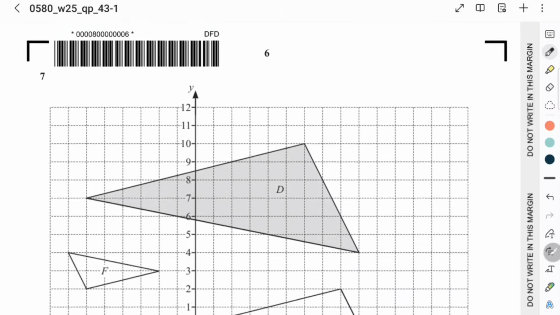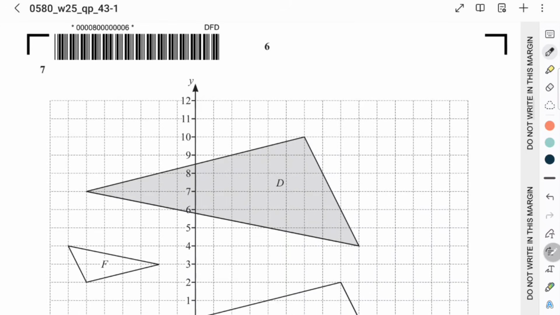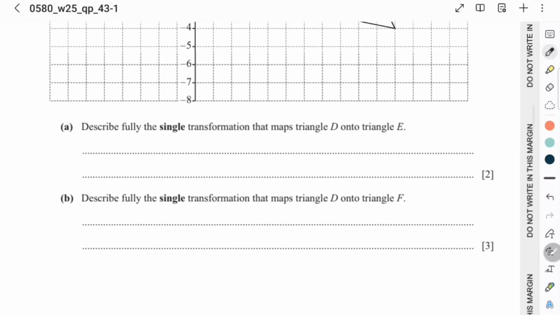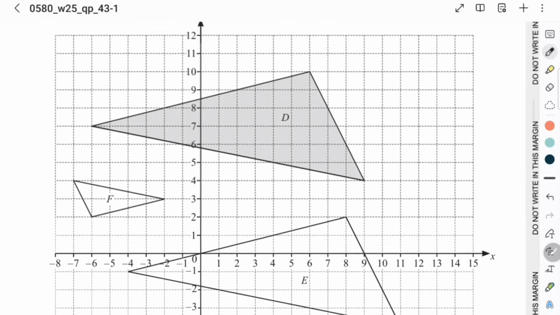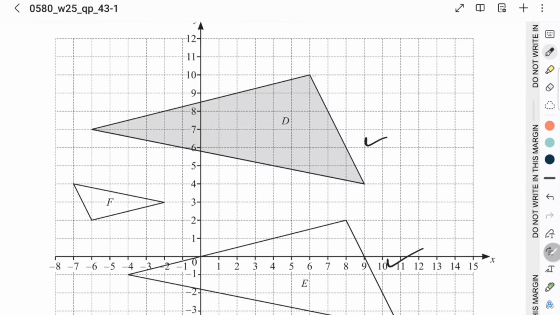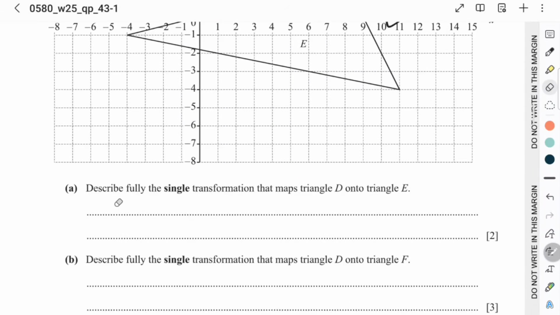Okay, now the next question, a transformation question, question number 7. Now in this question, describe fully the single transformation that maps D onto E. So D onto E, we can easily see that it is a translation, parallel lines, and they are not flipped. So it means it's a translation, and I'm going to write down the translation vector also.